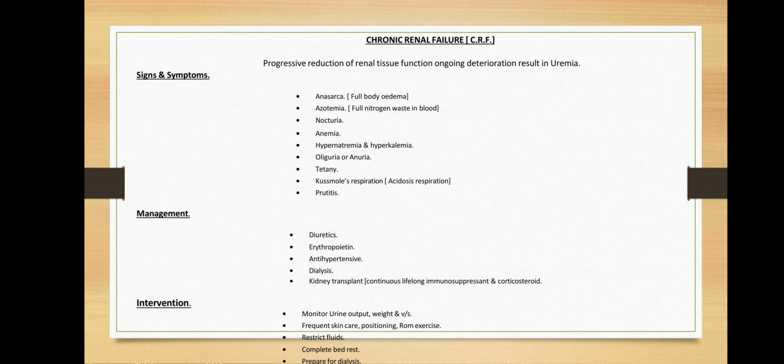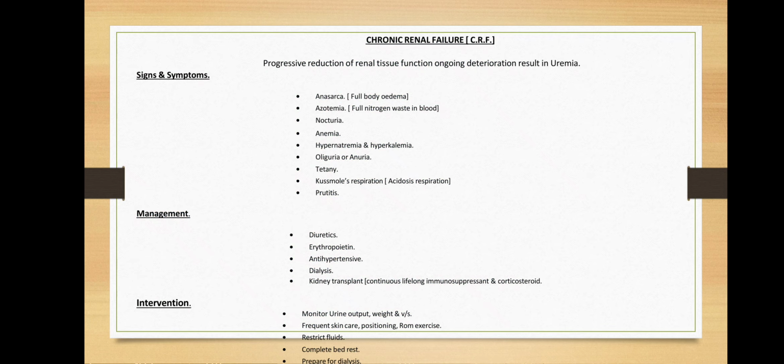Chronic renal failure: when the patient is slowly progressing with a kidney disease, it is chronic renal failure. Signs and symptoms: anasarca, where the patient's whole body will have edema, azotemia, nocturia, anemia, hypernatremia, hyperkalemia, oliguria, tetany, Kussmaul's respiration, which we can see in diabetic ketoacidosis, pruritus.